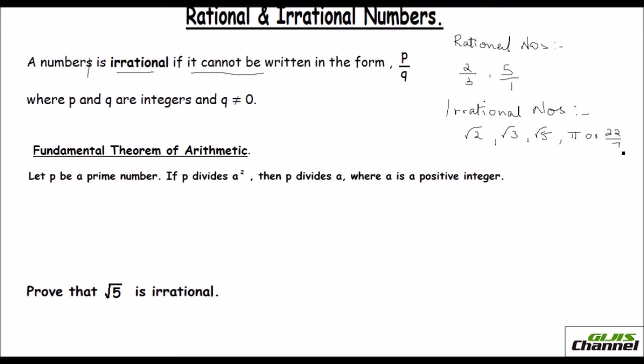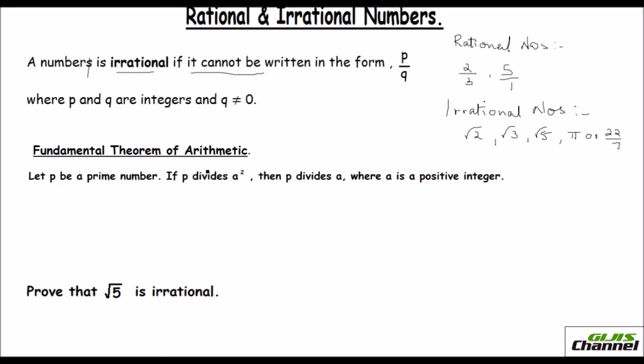Because when you find the value of it using a calculator, you see that the number after the decimal point keeps on going, doesn't terminate. It keeps recurring, going on to infinity. So these numbers are known as irrational numbers. I hope you understood the difference between rational numbers and irrational numbers, right?